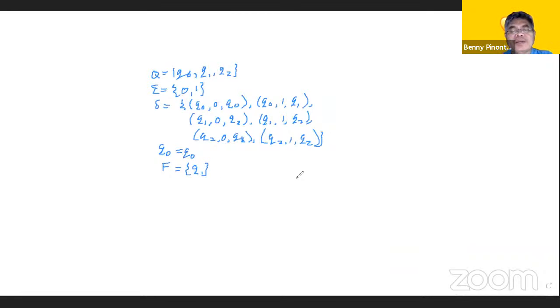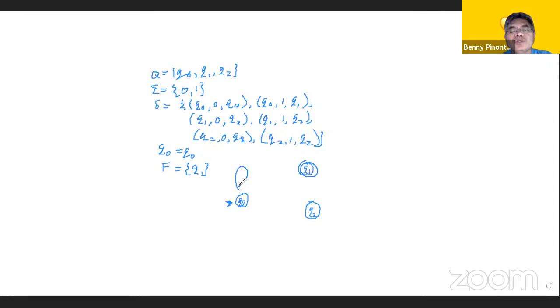Okay, we're just gonna draw that. So there are again 3 states. But now the final is Q1. And that is Q0, the initial state, the start state.